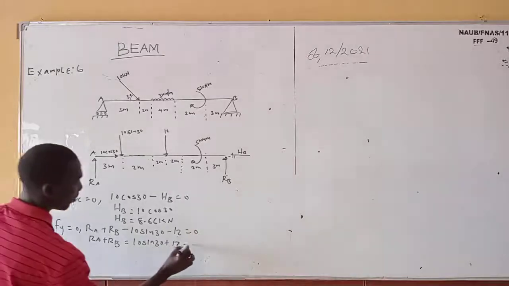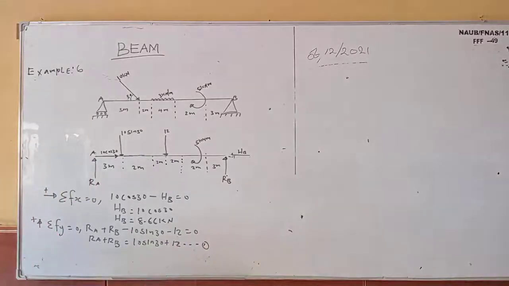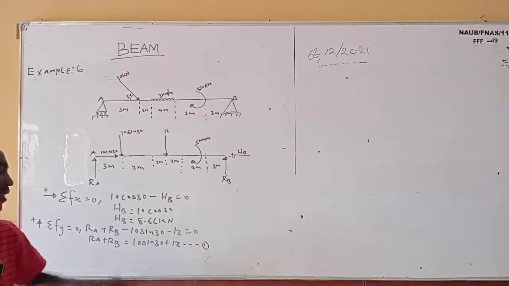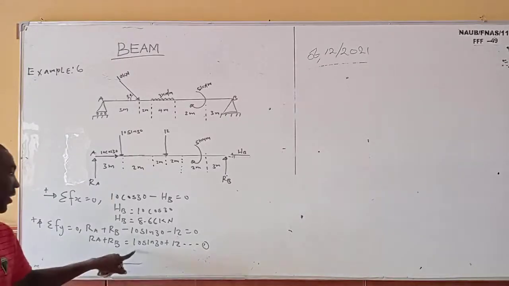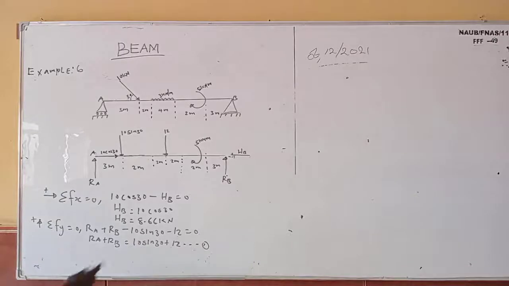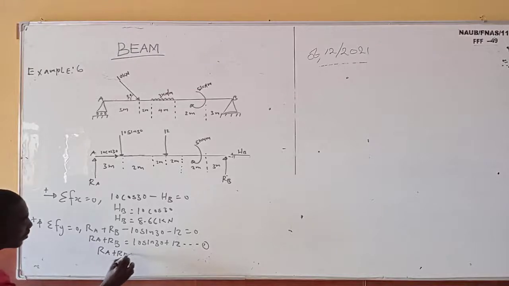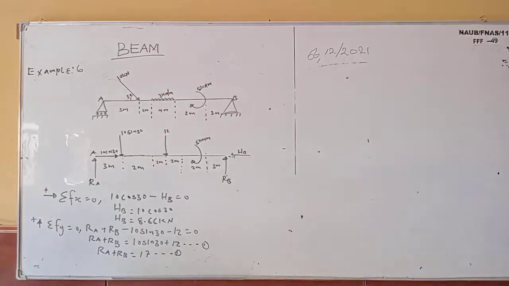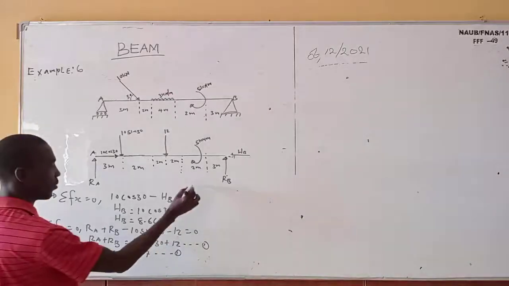Let's call this equation 1. Don't forget that 10 sine 30 is half. 10 times half is 5. Then 5 plus 12 is 17. So arrow A plus arrow B equals 17. Equation 1.